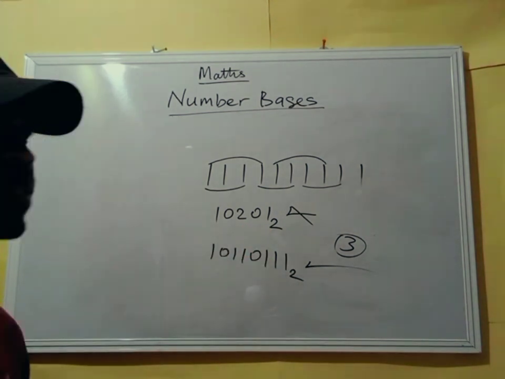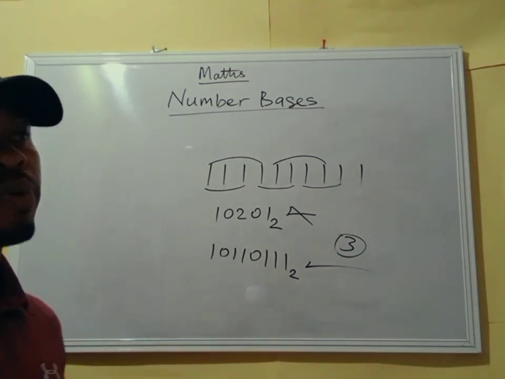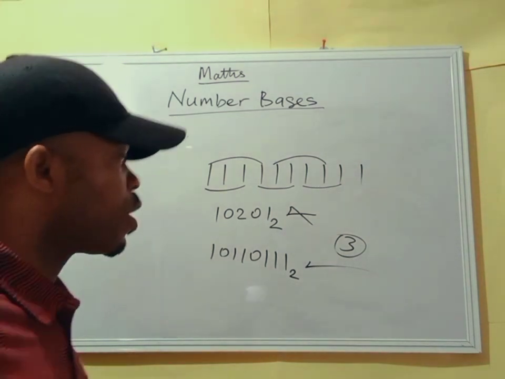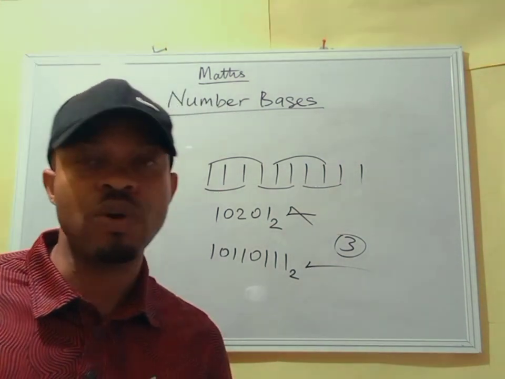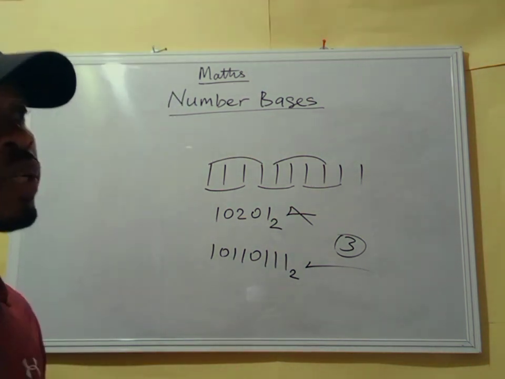Okay. Having said that, I'd like us to know also that base 2 is a very popular base. It is called the binary. Alright? We also have some other popular bases like base 8, which is called the octal number. Base 9 is called the nonal.